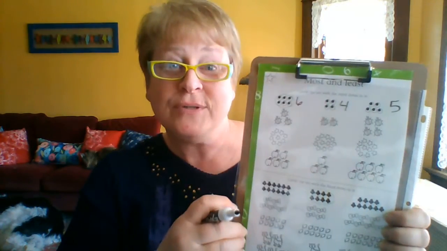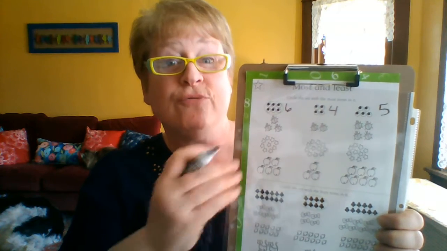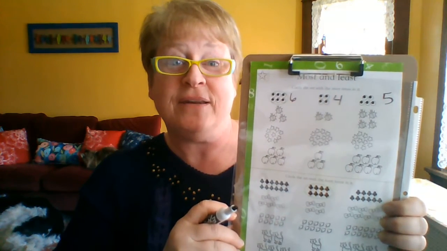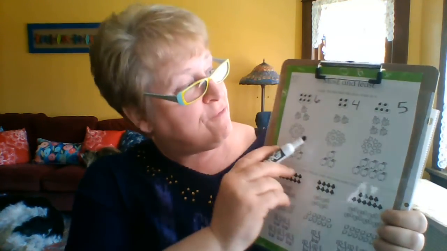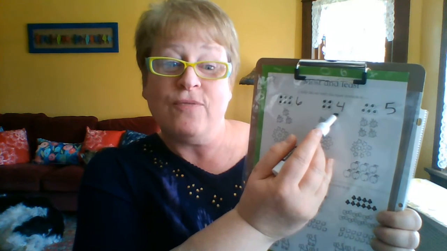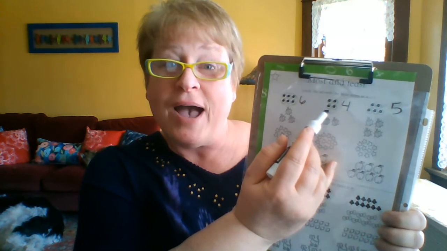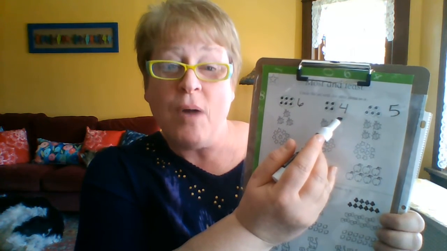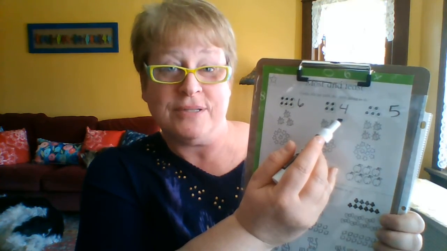So if I'm counting and starting at 1, the number I come to first is going to be the number that's smallest or least. So 1, 2, 3, 4, there's the number 4. There are 4 eyes. So 4 is the smallest or the least amount.